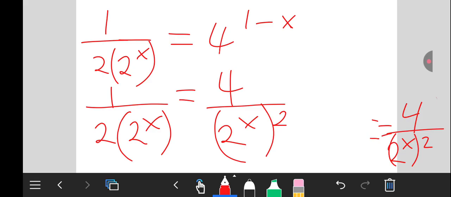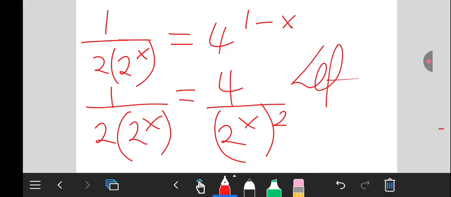So at this point now, we can say let 2 to the power x be equal to y. So where there is 2 to the power x, substitute y.